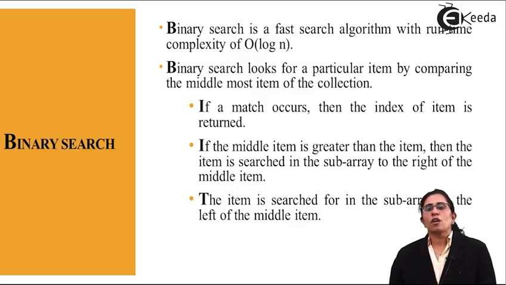So with this, we get a very clear picture of what binary search is. I find the middle of the array, and once I get the middle position, I check whether the element is present there. If not, I find out whether the element's value is less or greater than the middle element.